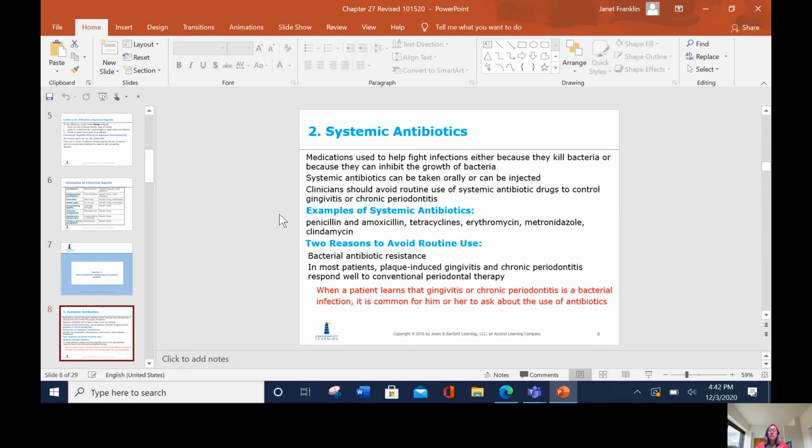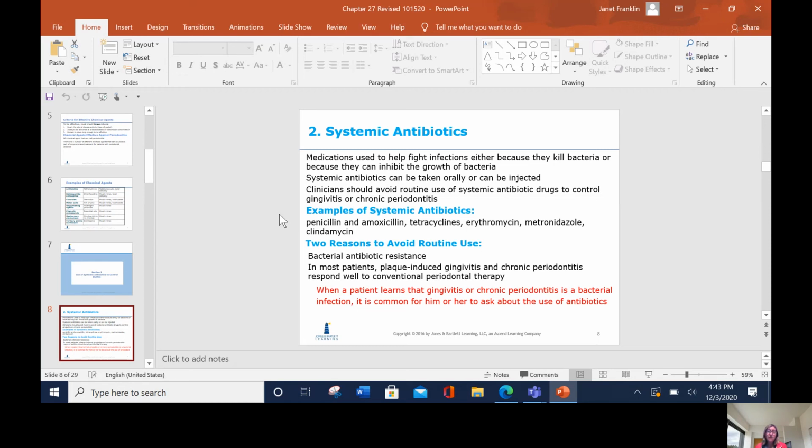They also become less effective because of antibiotic resistance, so they cause your body to build up more resistant bacteria. Examples would be penicillin, amoxicillin, tetracyclines, erythromycin, metronidazole, and clindamycin. All of them are commonly used in dentistry for various reasons.